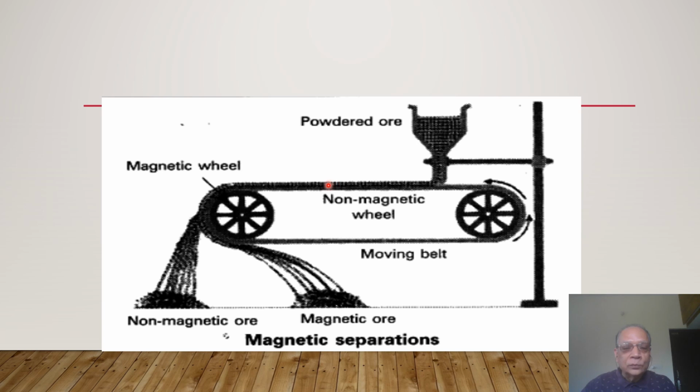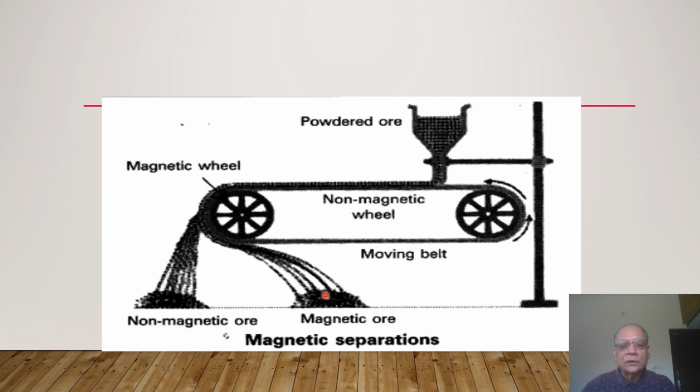As the powdered ore comes to this magnetic drum, the non-magnetic ore particles are separated as they are not attracted. But as long as the belt is in contact with the wheel, the magnetic ore particles are attracted to it, and then as soon as the belt leaves the wheel, it gets demagnetized and the ore particles are separated in a different heap.